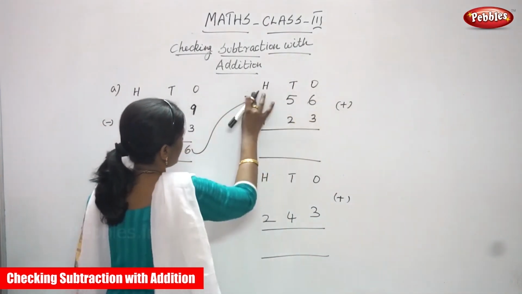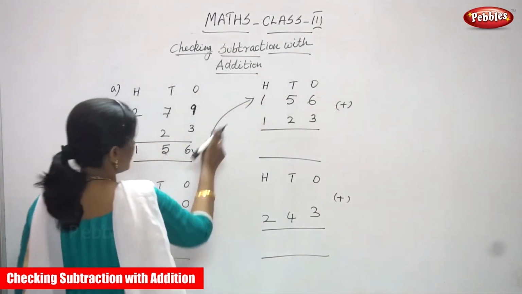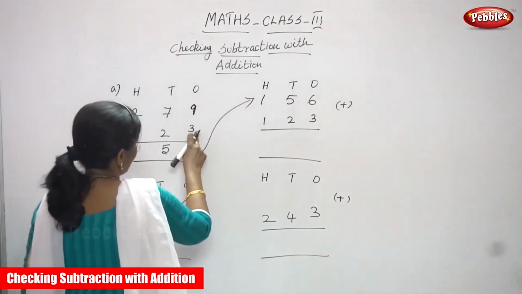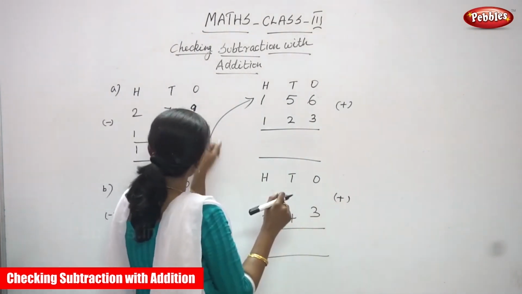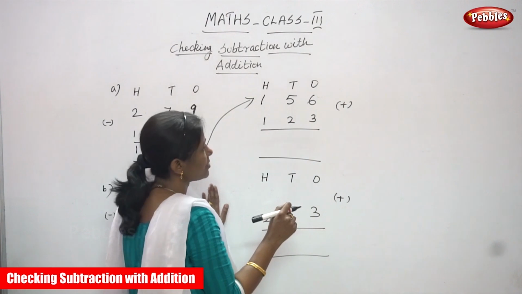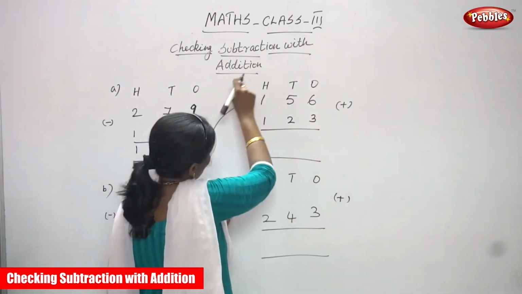Now you write this. The answer you have to write on the top. Then the second number you have to write as it is. Then you have to add, and if you get the question, that is 279, the answer is right. So this is checking subtraction with addition.